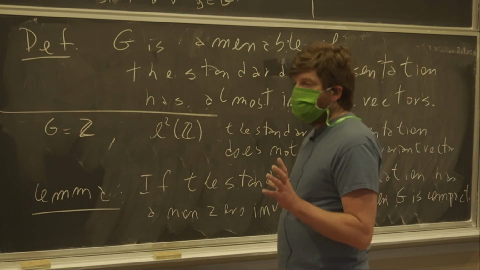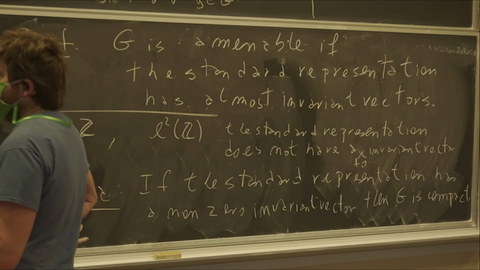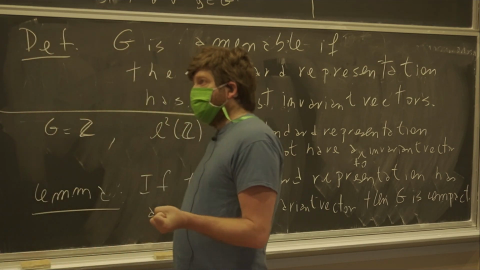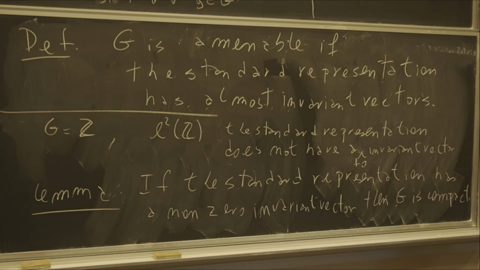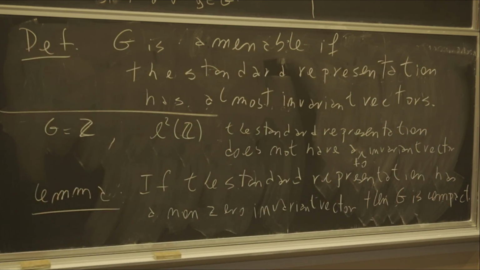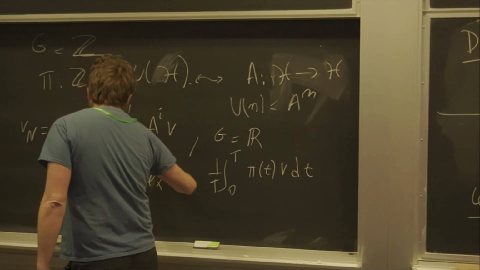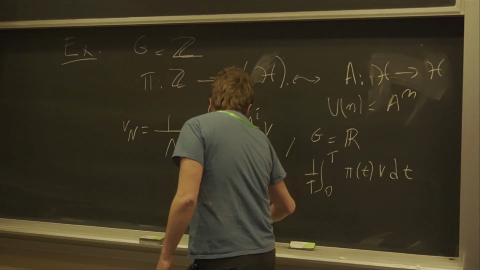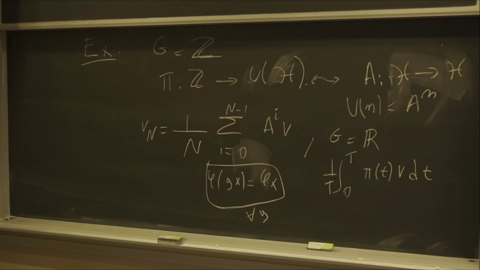So the only groups which have invariant vectors for the standard representation are the compact groups, no one else. For the standard representation, it's very easy to see that such a vector is a constant. You want phi of gx, I'm doing left invariant, but it really doesn't matter, to equal phi of x for every g.